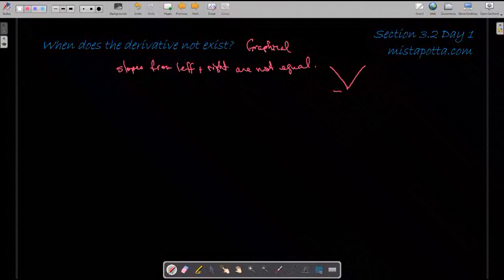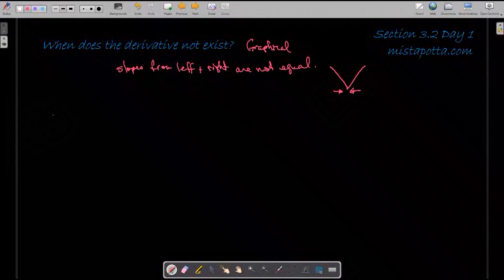The slopes as I approach a particular point from the left are not equal to the slopes as I approach a particular point from the right. Any of those situations are going to be a place where my derivative does not exist.